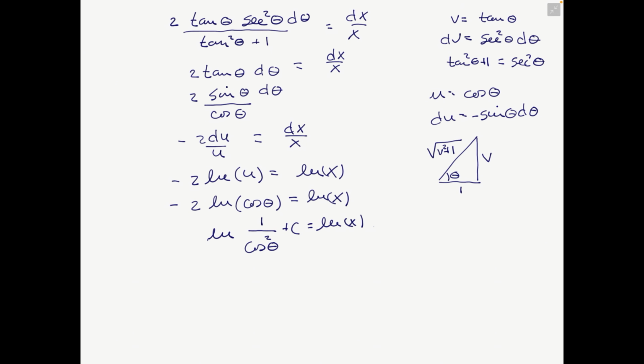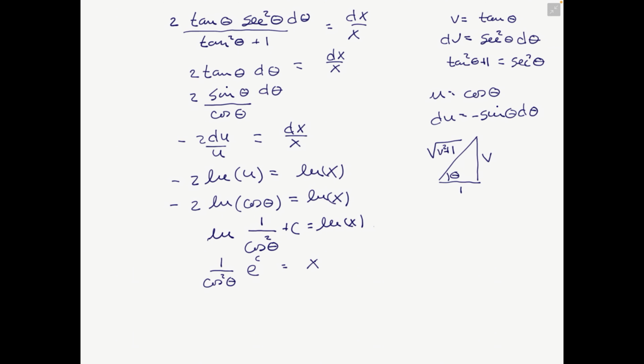Okay. So this is what I did. Now if we take our exponent, we end up with 1 over cosine squared theta times e to the c equals x.